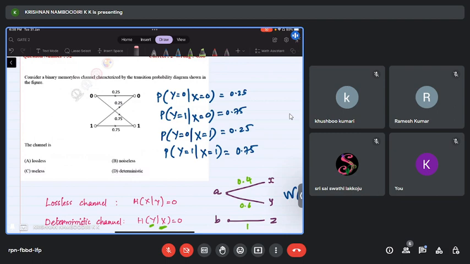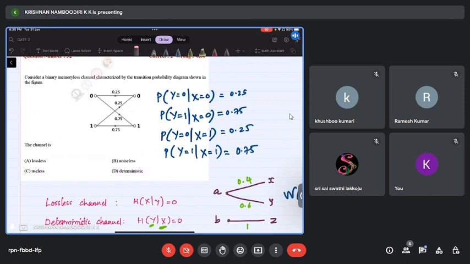I don't know, right? It can be either 0 or 1. So it is not lossless. Is it deterministic? If I transmit 0, do I know which will be the output? It is also not known. If I transmit 0, the output can be 0 or 1. So it is not deterministic. So is it noiseless? Obviously not, because it is neither lossless nor deterministic. So it cannot be noiseless. So the only remaining option is useless.